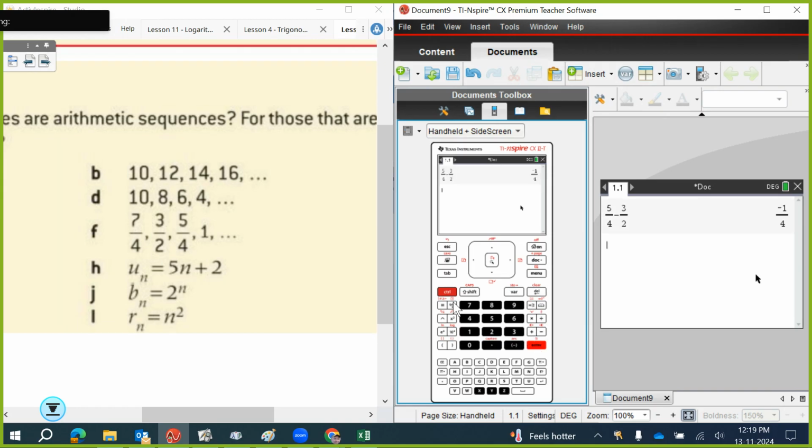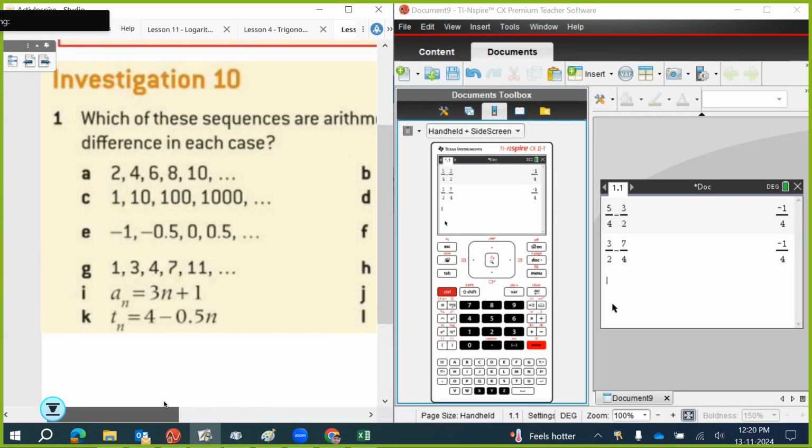Notice we get negative a quarter. Take another term in the sequence, like 3 over 2, and subtract the one before it. Which term came before 3 over 2? 7 over 4. Notice that we get the same number coming out on the right-hand side. This is an indication that there is a common difference within this sequence.